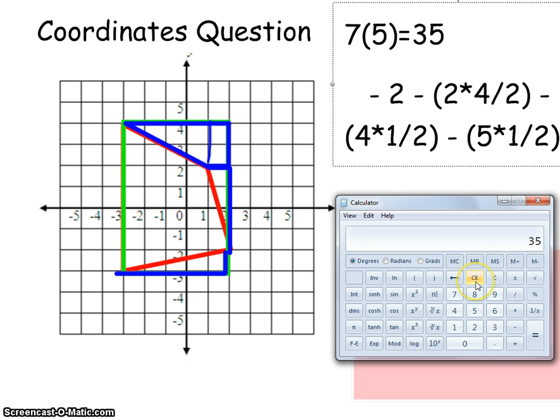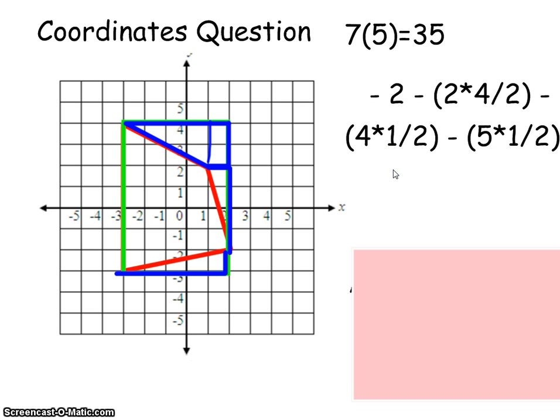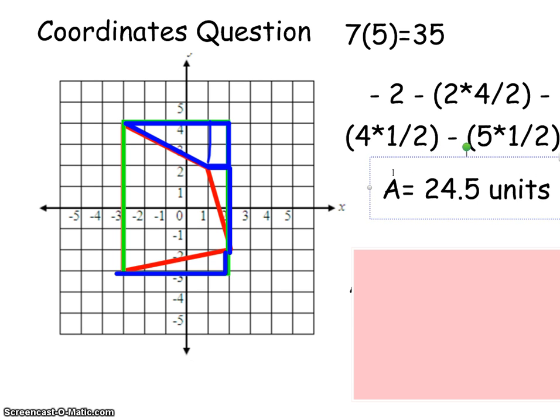I'm going to take 35, take away 2, and then 2 times 4 divided by 2, that's going to be 4. The next set of parentheses would be 2, and the next set would be 2.5. When I do all of that, I find out that my area is approximately 24.5 units squared.